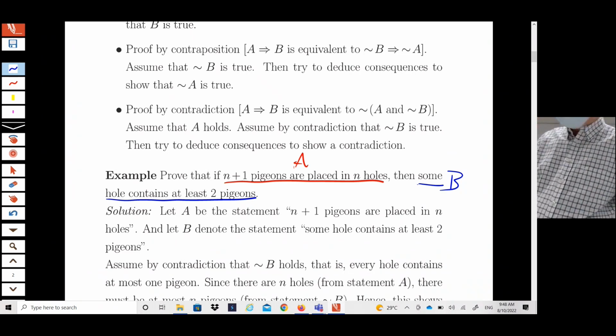So here we prove by contradiction, so we assume that not B holds. The negative statement of B is that every hole contains at most one pigeon.